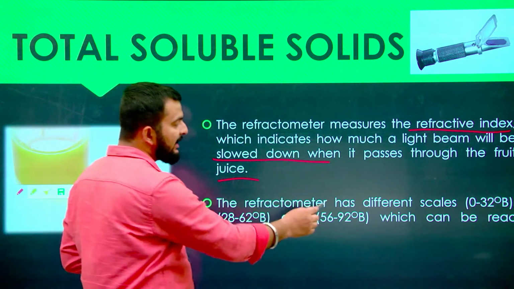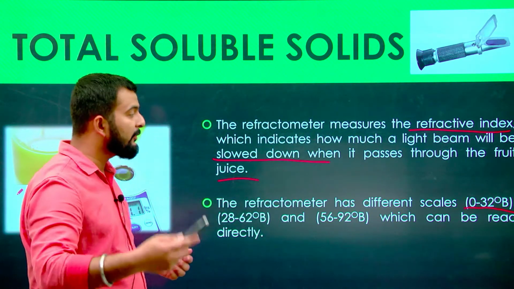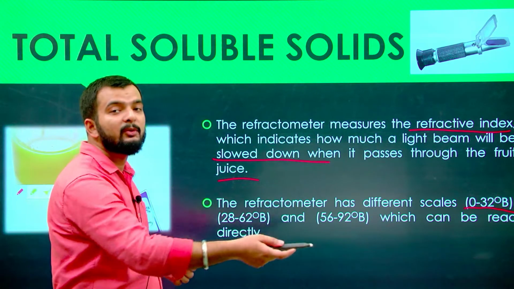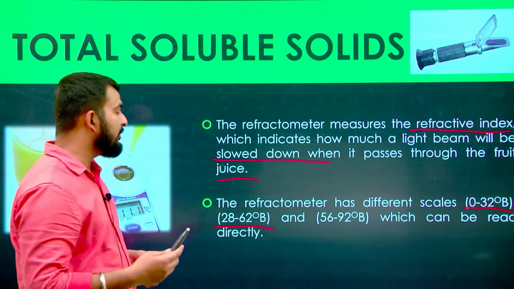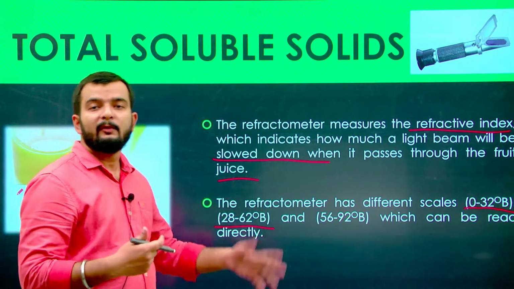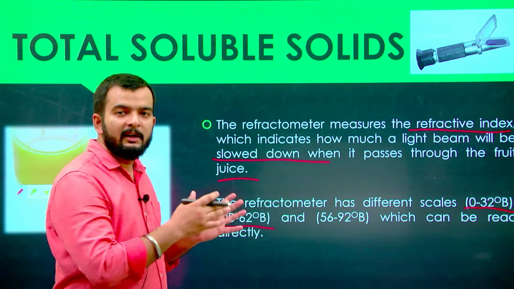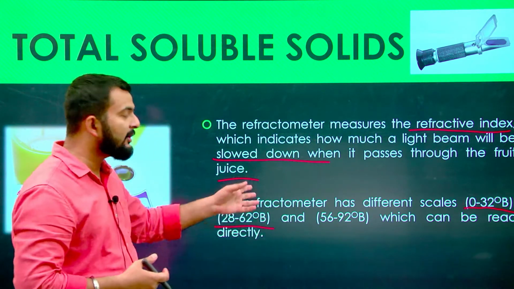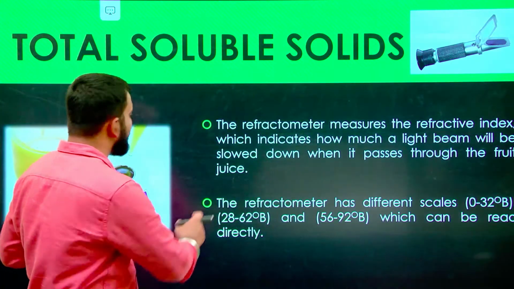The refractometer has different scales, as I told you. There are different refractometers for different ranges, like one for 0 to 32 degree Brix, and another for 28 to 62 degree Brix. Your fruit will lie in a particular range of TSS, and based on that you have to use the appropriate refractometer.